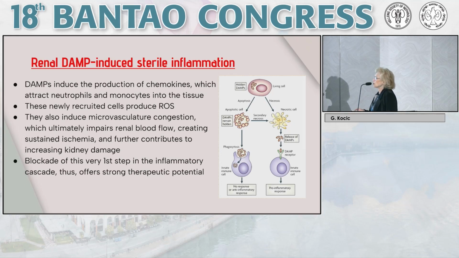What is also important to say is that DAMP molecules induce sterile inflammation, and during this sterile inflammation they can attract a number of neutrophils, which are capable of secreting free oxygen radicals, reactive oxygen species, and this causes further tissue damage.